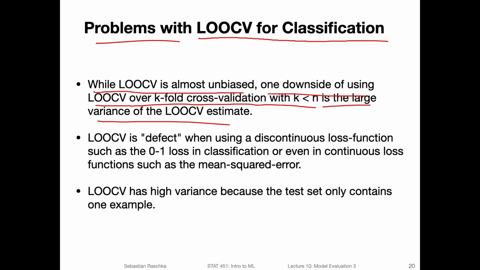For classification, it can result in a large variance, which can be related to the fact that some people call leave one out cross-validation defective for classification, because we have a discontinuous loss function, the 0-1 loss. So what we are doing is averaging over the 0-1 loss cases, which is a little bit weird.